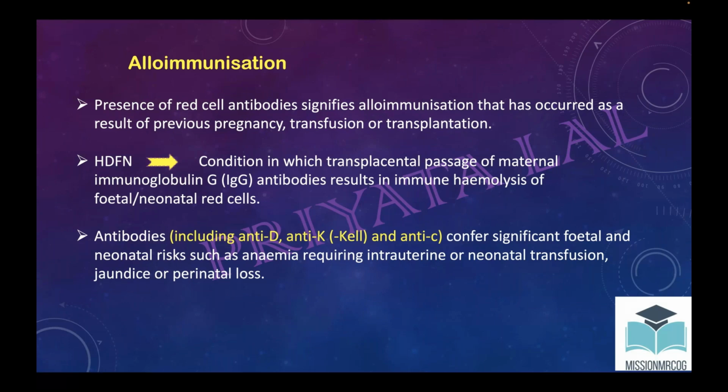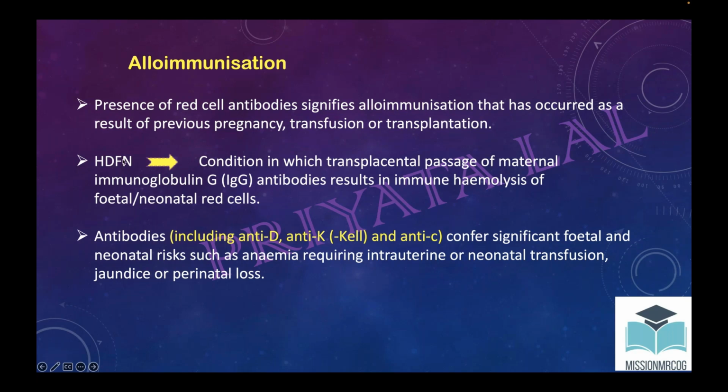This I have already explained. This anti-D antibody would be IgG, so it can pass through the placenta, and it will affect the fetus if the antigen is there on the fetal red cells. So there would be an antigen antibody reaction that would lead to hemolytic disease of newborn, the pathogenesis of which I have already explained.